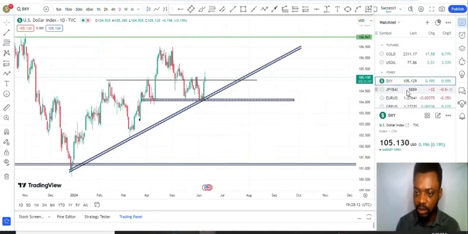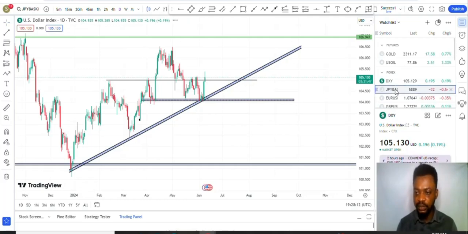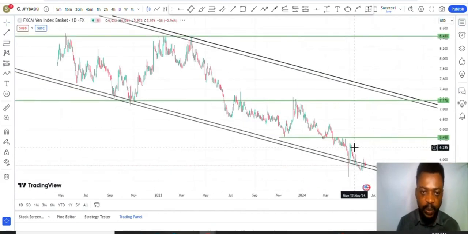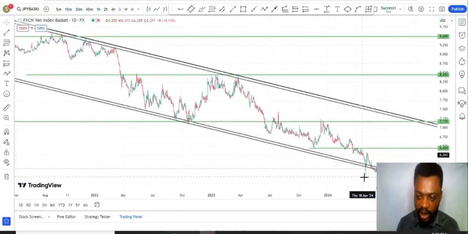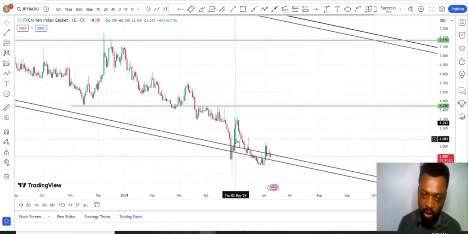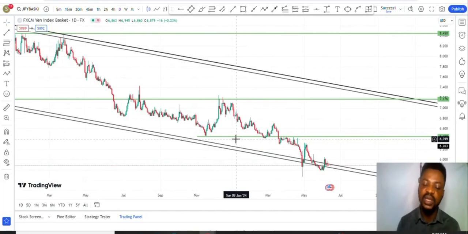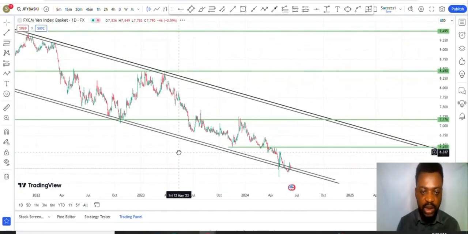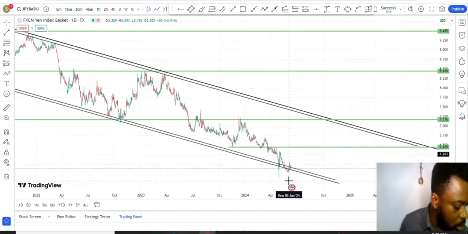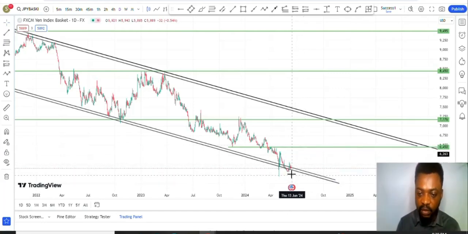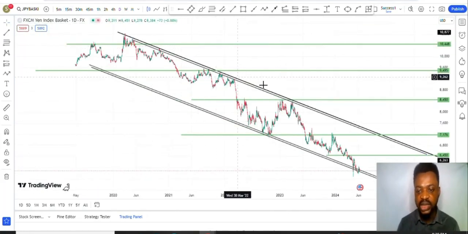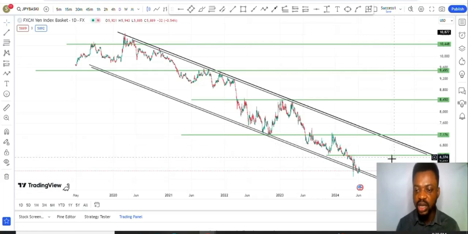My mouse is lagging. So on the JPY basket, you can see price has just been playing crazy around this area. Personally, I have not been interested in JPY until we see either a breakout from here, which is disastrous for the JPY basket, or a good rally from this area, which would make more sense, because for the longest time we are still inside this channel.